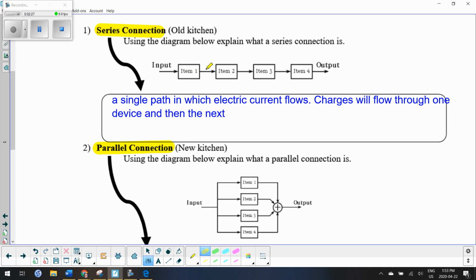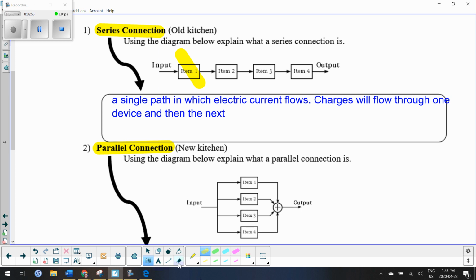If you turn off your stove, current can no longer flow through this device, which means it cannot get to your fridge and your dishwasher to power them. This is not very convenient, especially in a home, because you want your fridge, dishwasher, and stove all working at the same time. So it's not very efficient to have a series connection within houses.